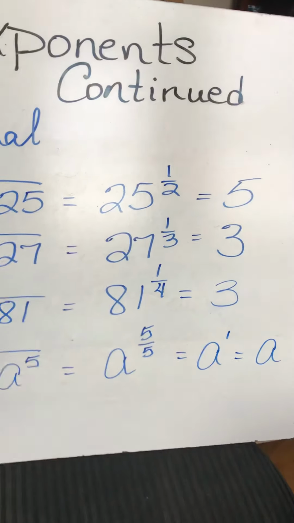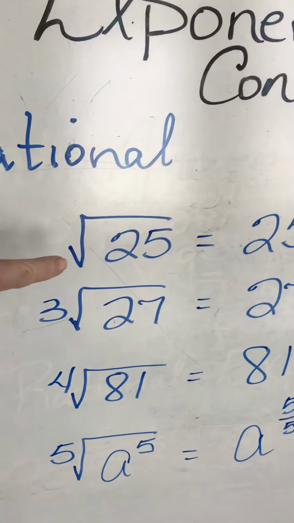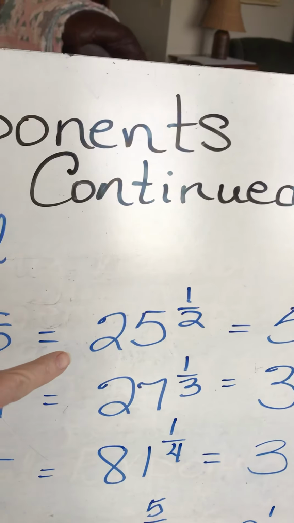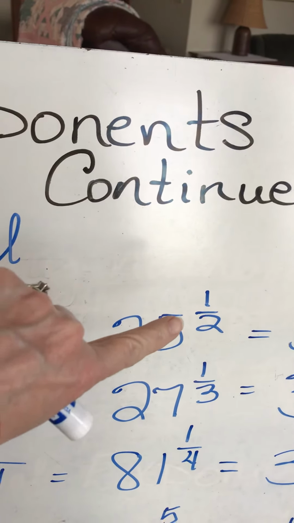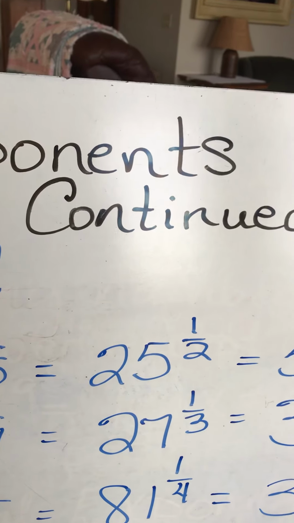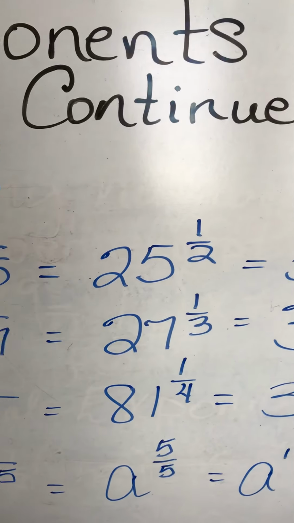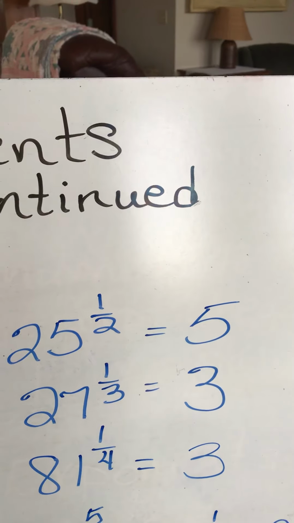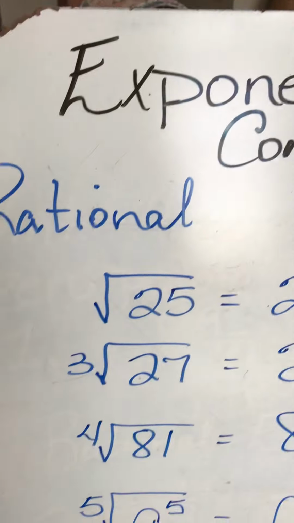So the square root of 25 can be written as 25 to the 1/2. And the square root of 25 is 5.